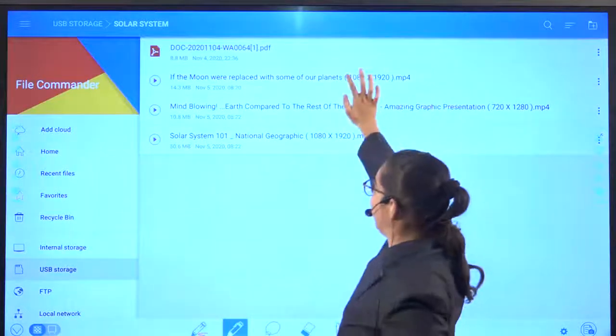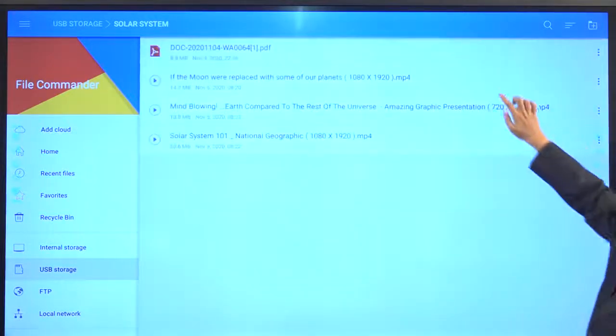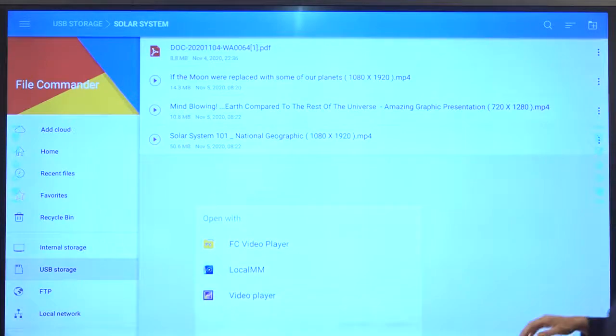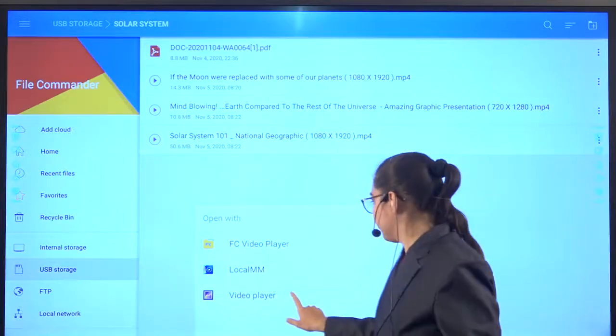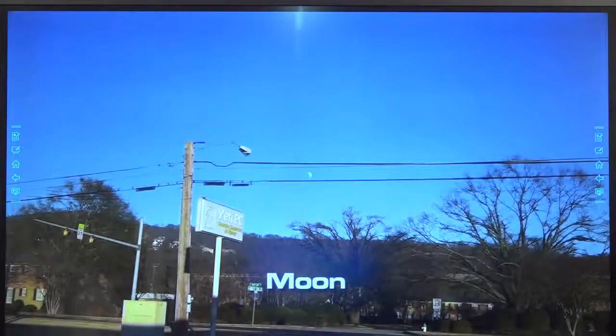If moon is replaced with some of our planets, this is how things will happen. This is an animated video. What will happen if some of the planets were at the same distance as we have moon?